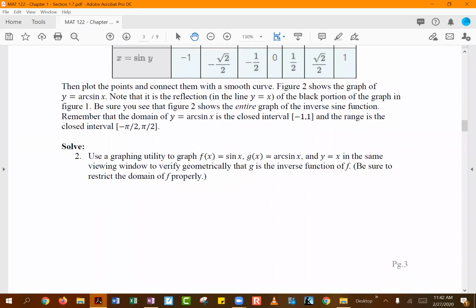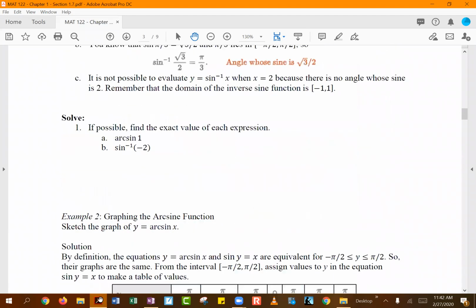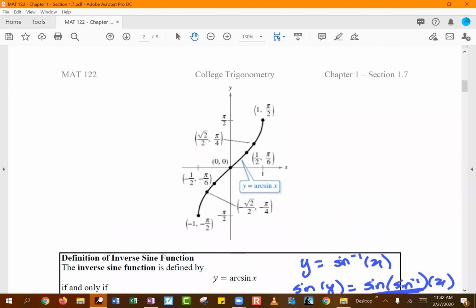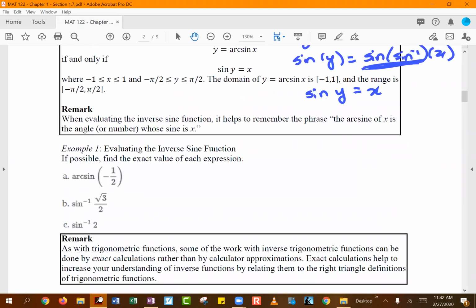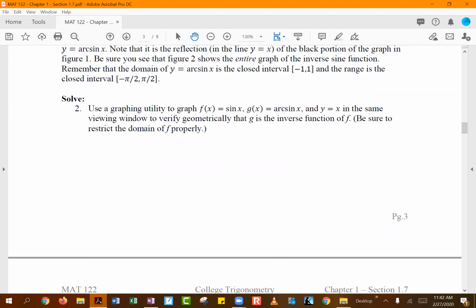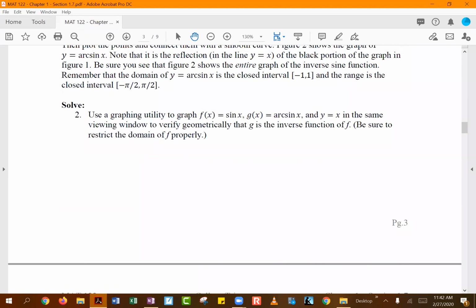So that was the graph we looked at on this page. This is what it would end up looking like. So we're going to try and replicate some of that. They are asking us to use a graphing utility, but we will be doing this by hand. So I guess we're not using a graphing utility.